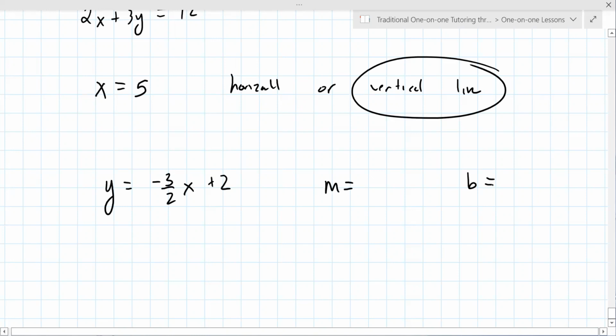The slope is -3/2, and the b value is 2. Okay, now when we look at the slope, can you tell me in words what you would be doing from the point of 2? Like, tell me in words what this actually means in terms of the graph. You go down 3 and right 2. Perfect. That's great. Very good.